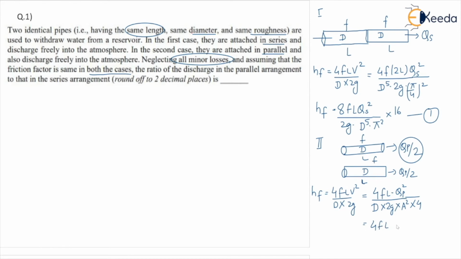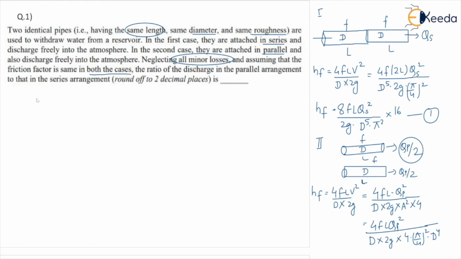That's it. Okay. So your next step will be 4FL QP square by D into 2G into 4. Now area will expand, pi by 4 whole square into D to the power of 4. Correct.